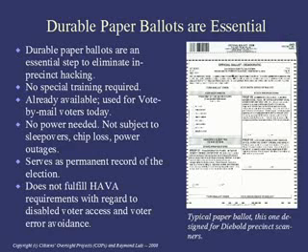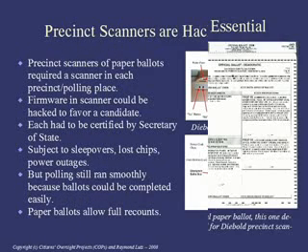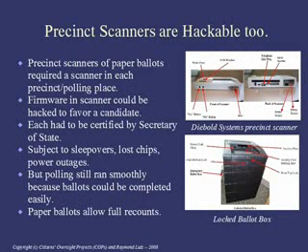voter error avoidance. The ballot you see here is a ballot designed by Diebold Systems to be used in their precinct scanners in San Diego County. Unfortunately, using precinct scanners are also a source of possible hacking.